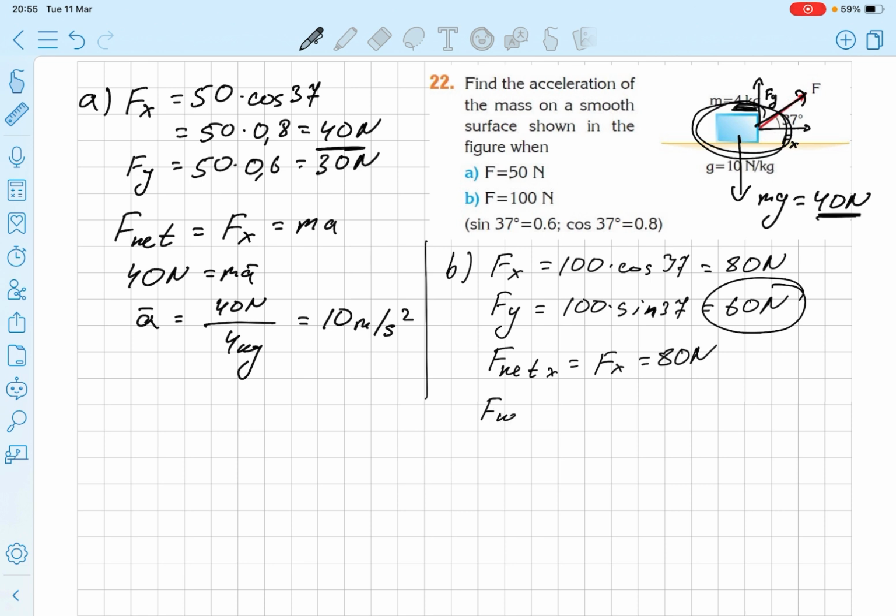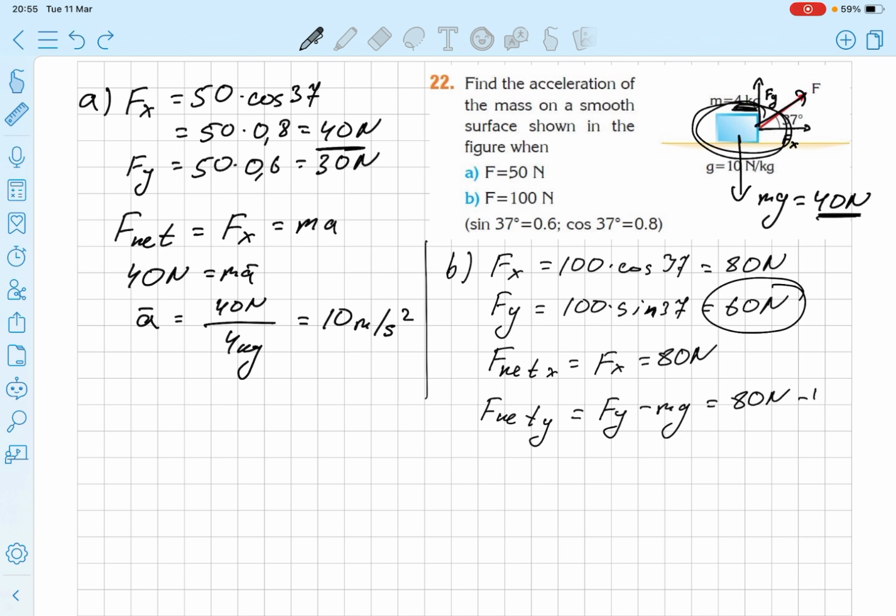But for F net by Y, the downward force is mg. I'm sorry, you know that upward is bigger. So it will be F by Y minus mg.